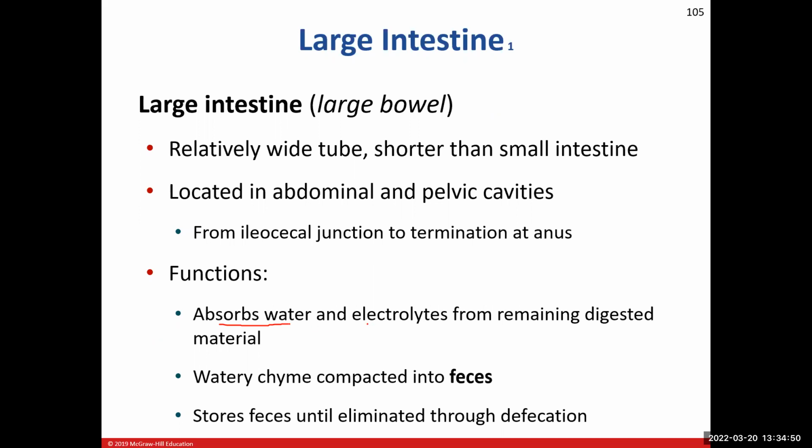While we're at it, we're going to clean up some of the electrolytes, and anything else we can digest, that last-minute digestion from the remaining material inside your GI tract. Then, when we're done making and compacting the feces, we're going to eliminate them after we've stored them for a short period of time in the rectum.